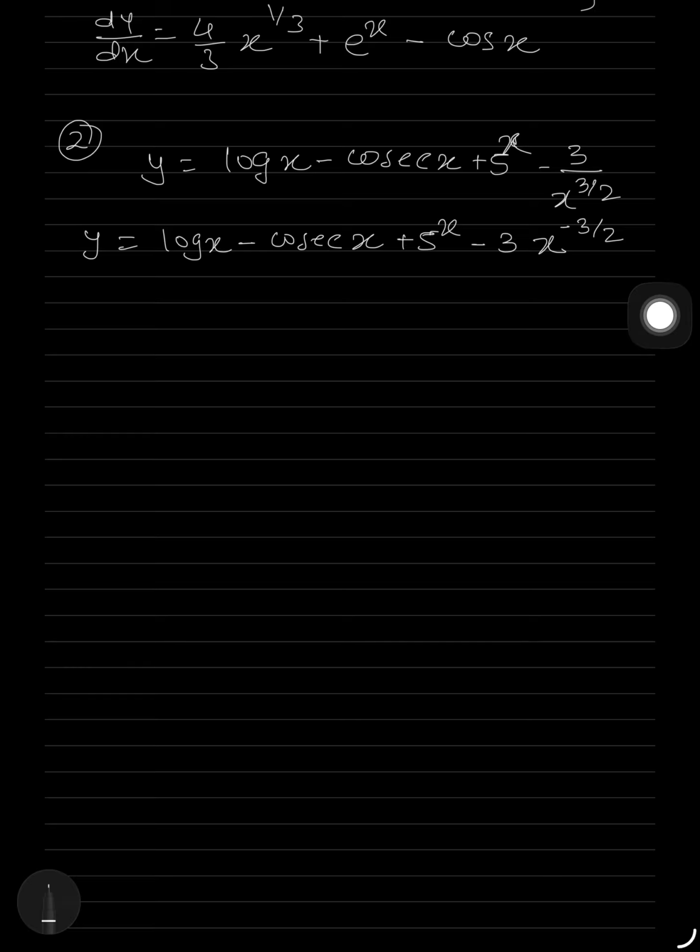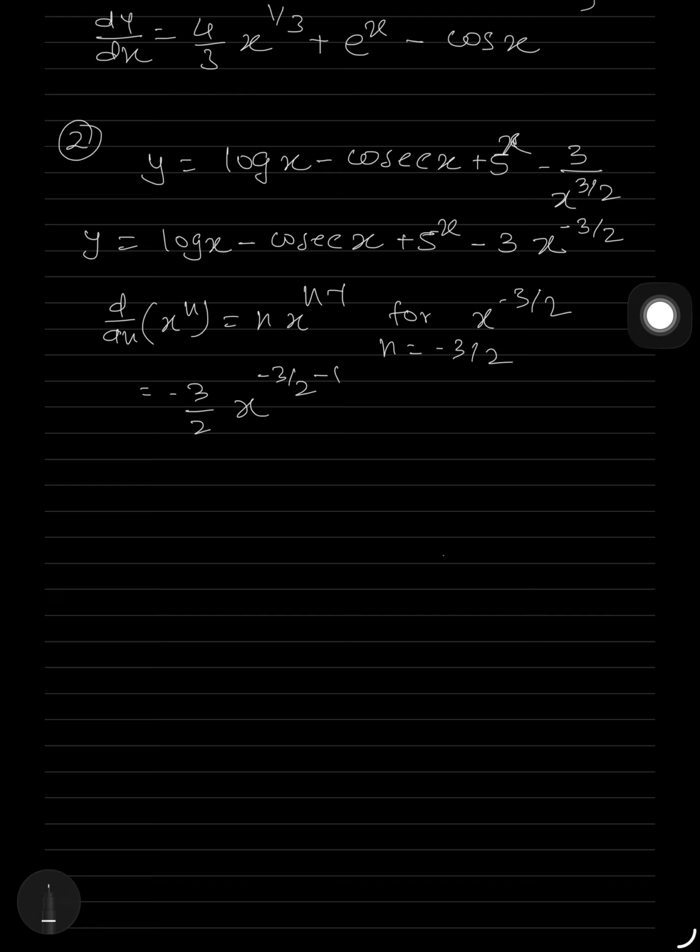We can use d by dx of x raised to n, that is n into x raised to n minus 1, here for x raised to minus 3 by 2. So n is equal to minus 3 by 2, this will become minus 3 by 2 x raised to minus 3 by 2 minus 1.